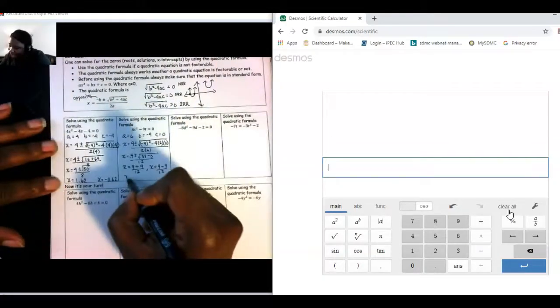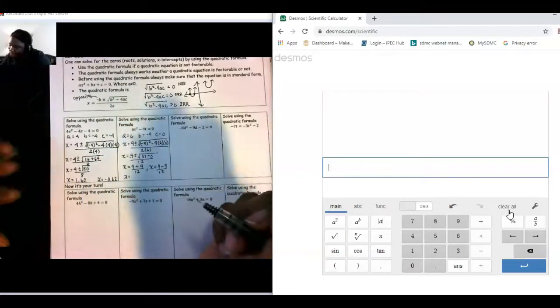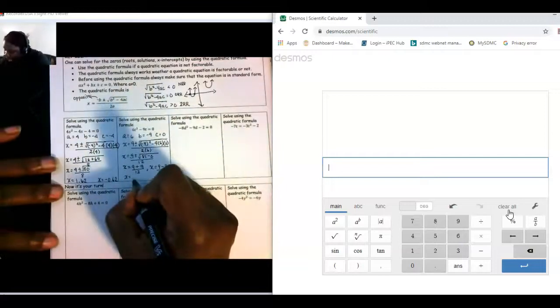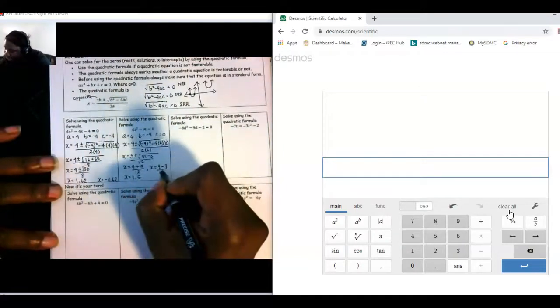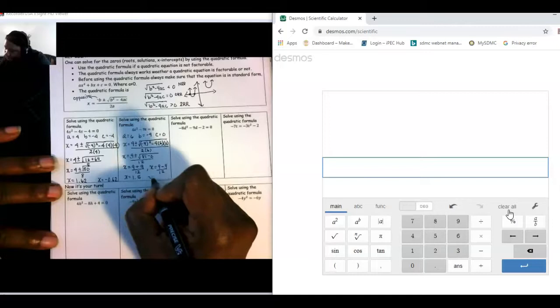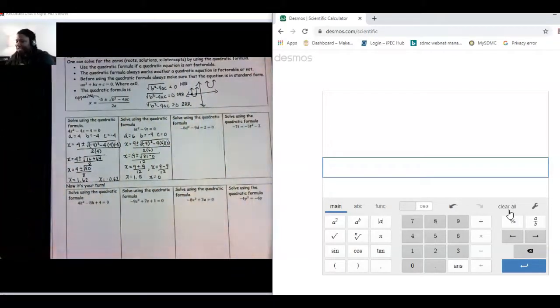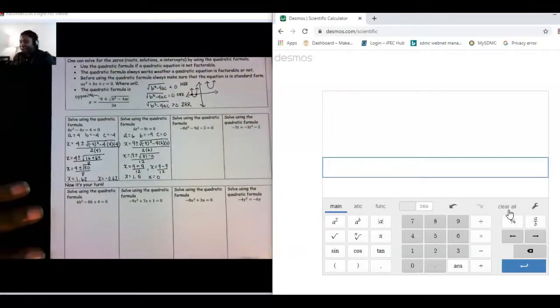So x is equal to, let's see, 18 over 12. That's 1.5. And here 9 minus 9 is 0. And 0 divided by 12 is 0. Now I kind of did that fast because I wanted to show you something.